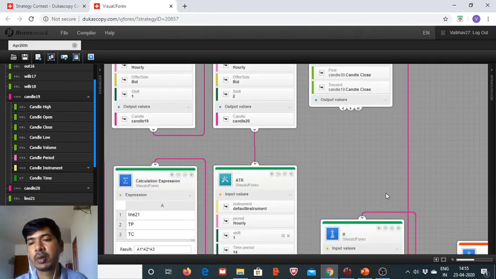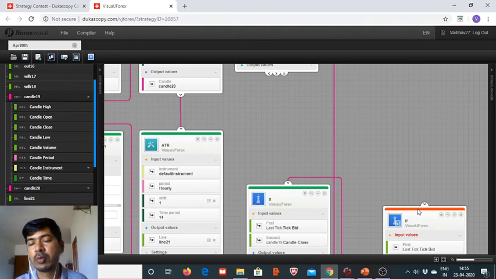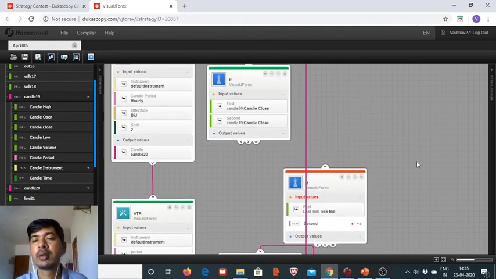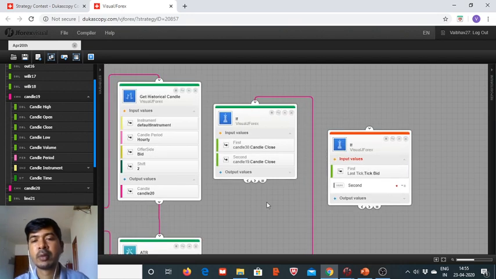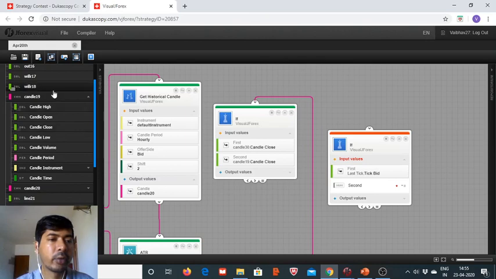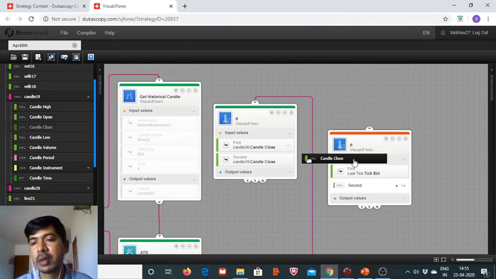We now need further blocks, and to do that we take this and this time around we are again going to look at the candle 19's closing level.